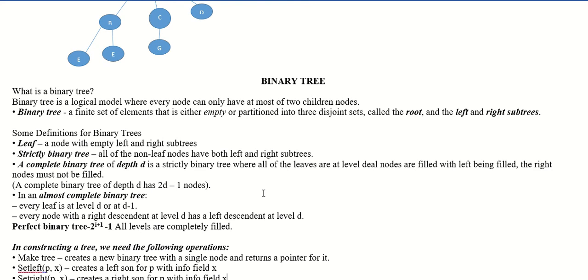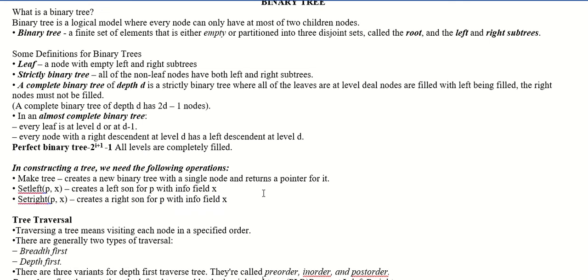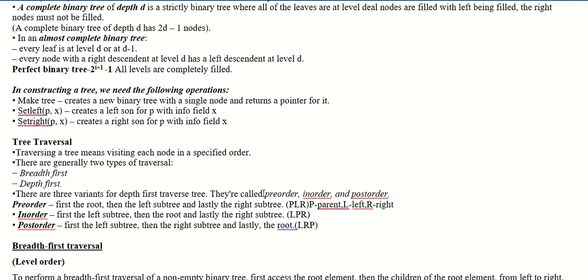Now in order to construct a binary tree, we always need the following operations. One is to make a tree, that is, we create a new binary tree with a single node, add x, and return a pointer to it.